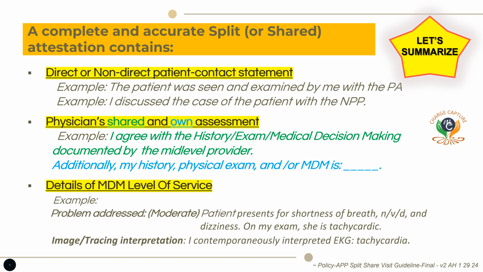So the first part of this statement is that the attending physician evaluated what the NPP had documented, and then if the attending physician added his own statement, we can use this for evaluating whether or not the attending physician can get the billing credit. And then the third would be the details of MDM level of service. Example, the attending physician will document the COPA, the data, and the risk under his TPA.